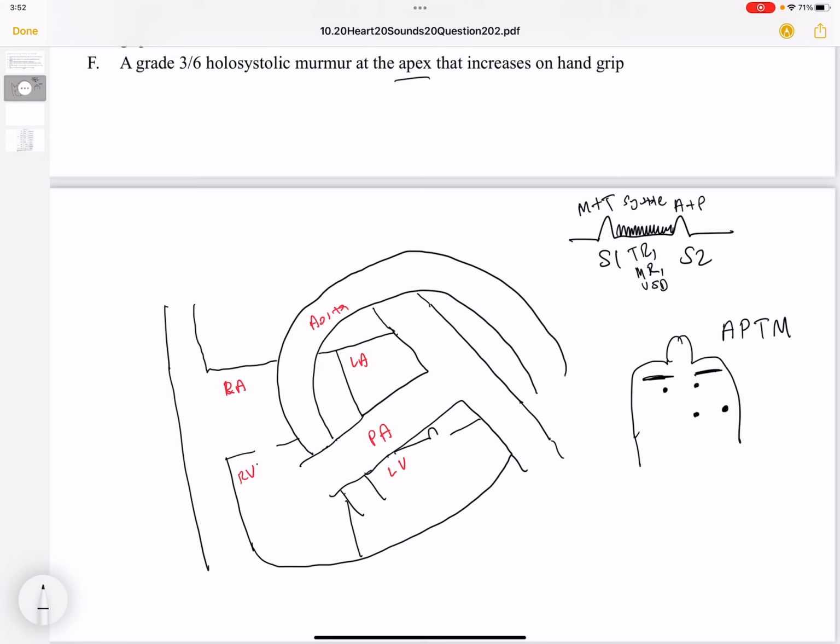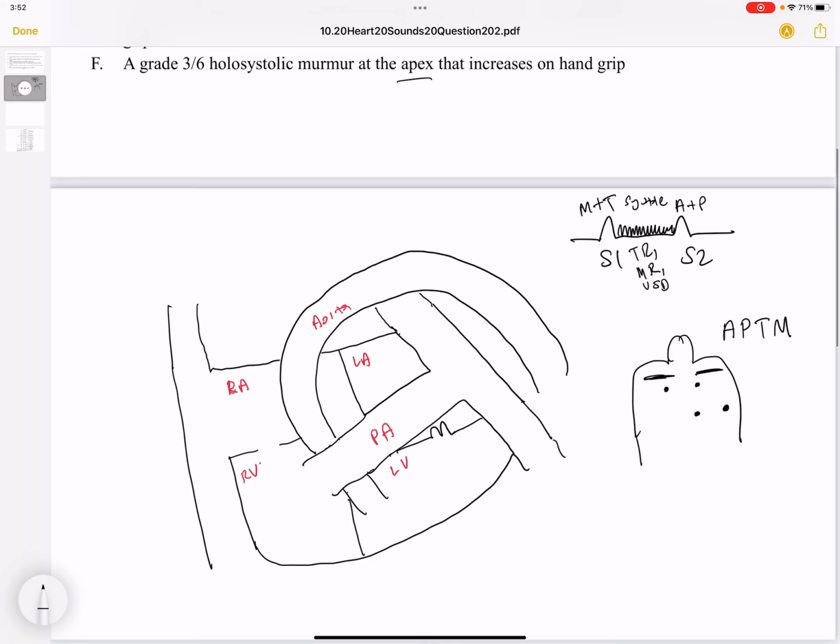It has these 2 leaflets. During systole, the left ventricle can have enough pressure so that it can open up that mitral valve, and it can result in blood flowing to the left atrium.